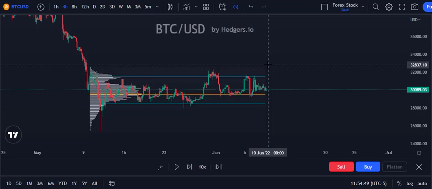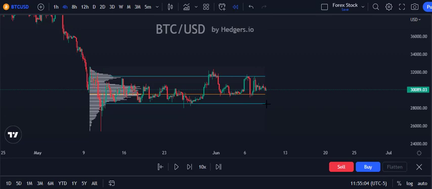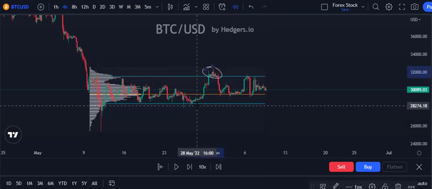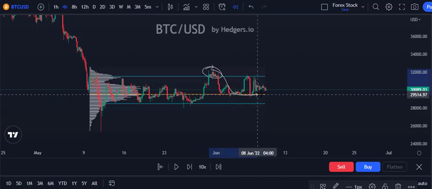Some traders might interpret a D-shaped profile as a choppy or sideways market that lacks a clear direction. You see, this consolidation is lacking a clear direction. It breaks out here and performs a fake out and reverses back to the point of control, and consolidates above the point of control.